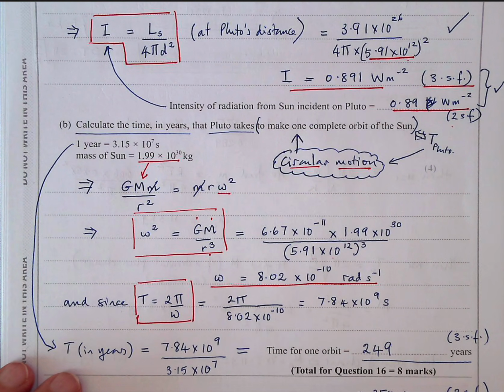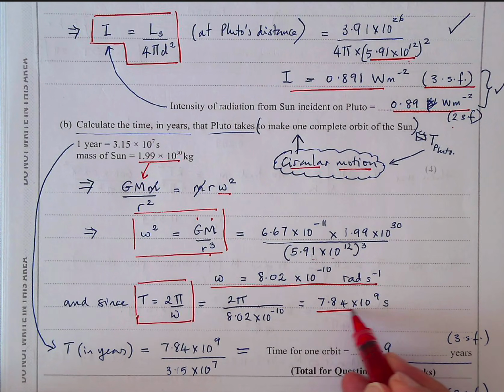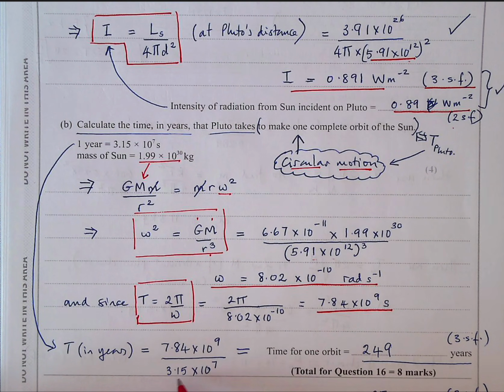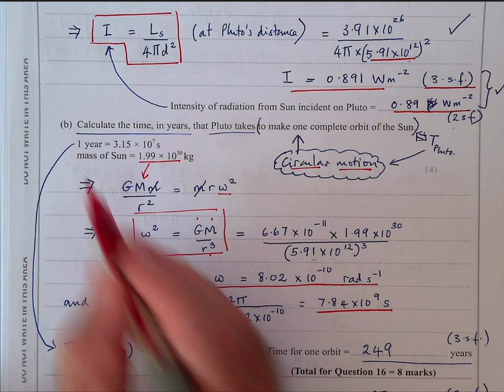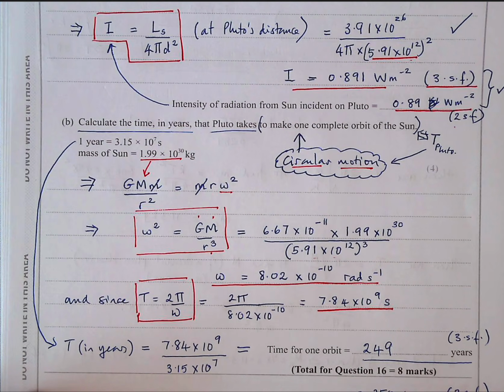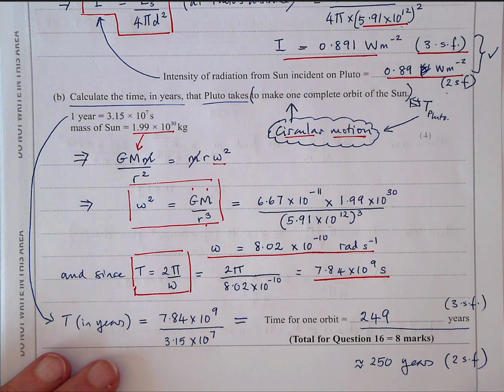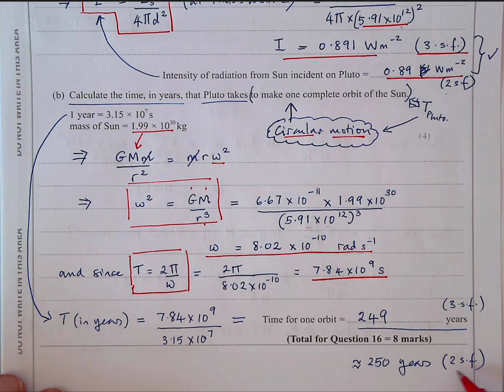So these are equations that you studied before. You do the maths and you get to this many seconds, and they've given us the length of 1 year, and they want you to work it out in years: 249 years, which is 3 significant figures, or approximately 250 years if you don't want to be that accurate.